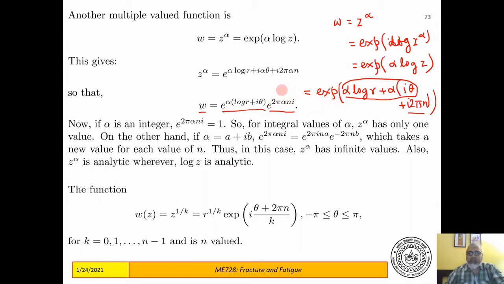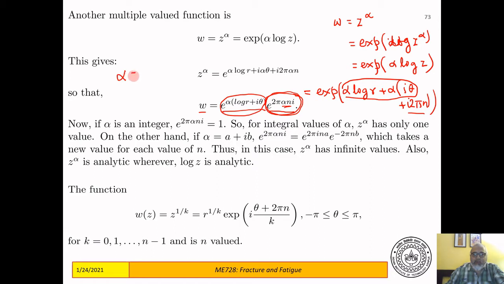So this is the term that's making it multiple valued. We've already seen that the first part is single valued. So if alpha is an integer, alpha n is also an integer, so this is equal to 1 if alpha is an integer. So in that case, w is single valued. If alpha is an integer, it has only one value.